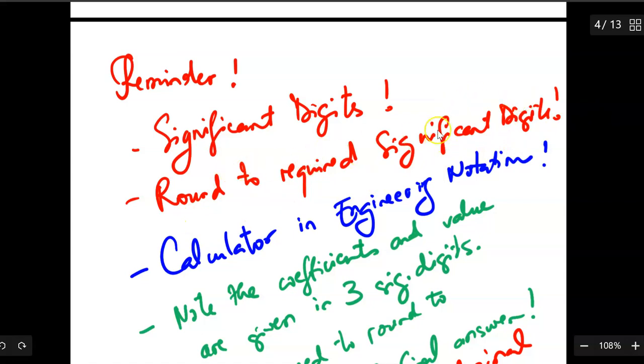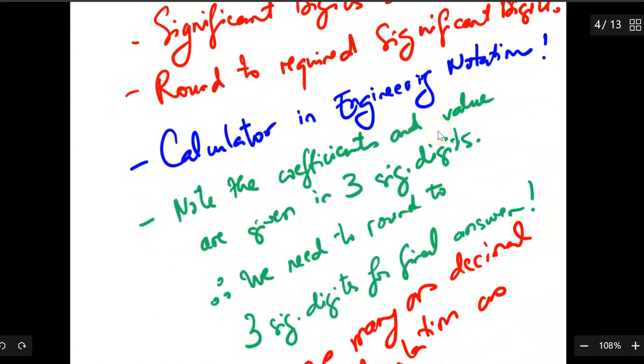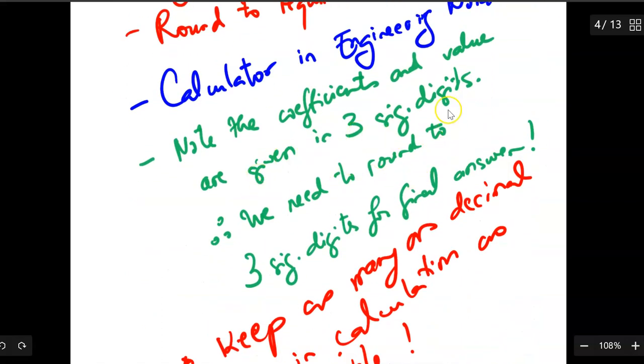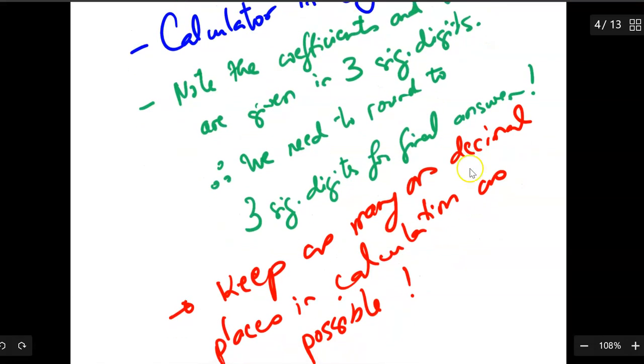But even though the question doesn't say anything about rounding to 3 significant digits, we still have to remember that the coefficient and the values are given in 3 significant digits. We base on that to decide how many significant digits for the final answer. Okay, so in order for you to have as accurate an answer as possible for your final answer, you keep as many decimal places in the calculation as possible.